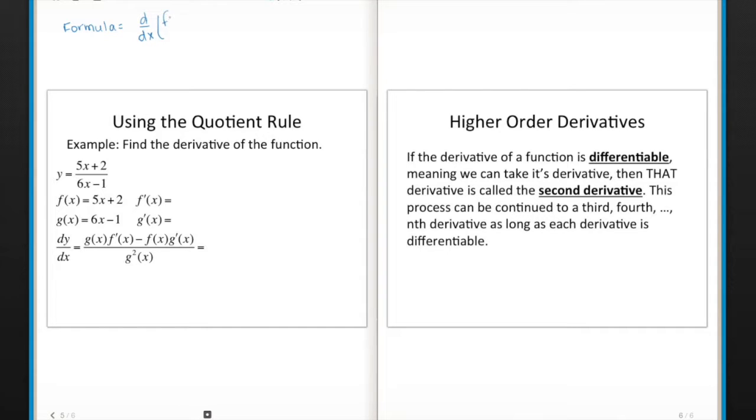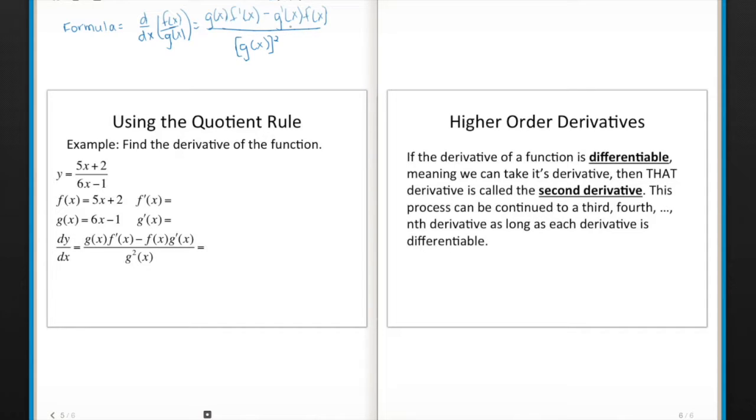To find the derivative of the quotient of two functions, f of x over g of x, I'll tell you the trick that my calculus teacher helped me use. He always said bottoms up and then proceed. And then don't forget your bottom squared.